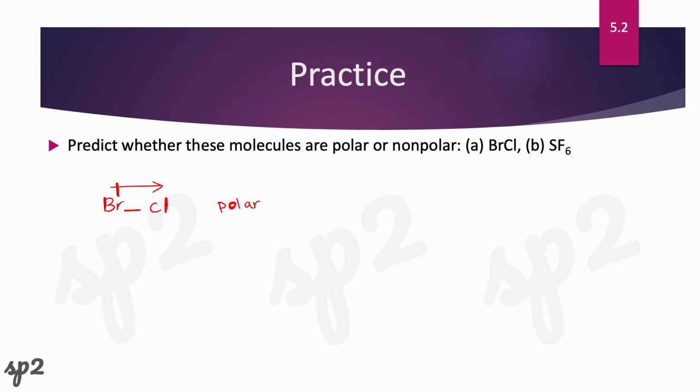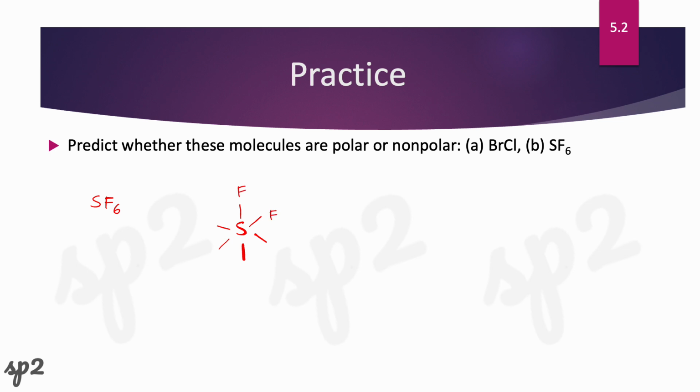Now, take a look at the next one, SF6. I've got 6 bonds in the Lewis structure for this molecule. 4 of them are in the same plane, and then the other 2 are perpendicular.